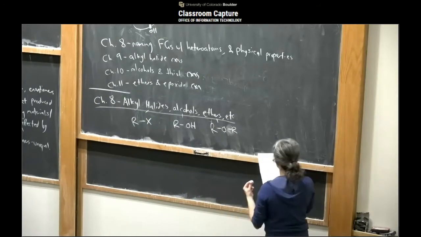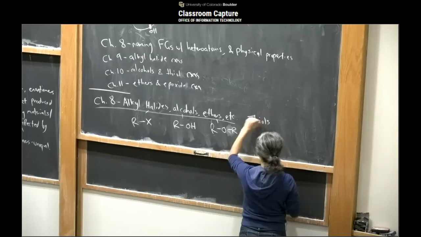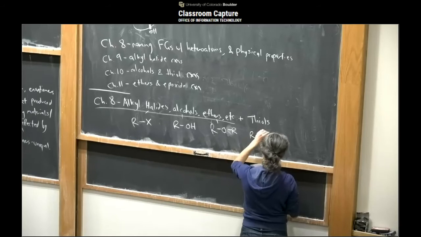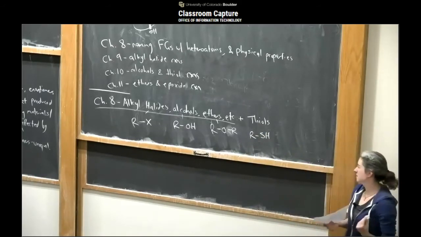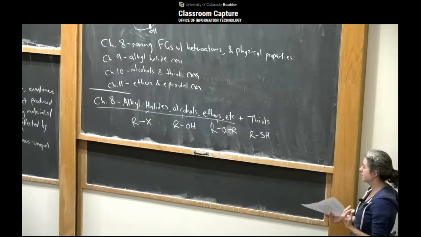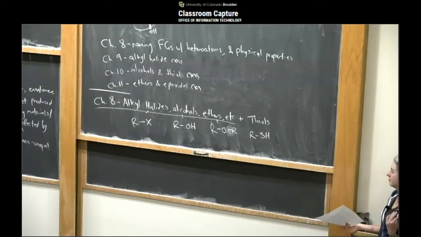So we are also going to look a little bit at thiols, which are pretty much the same as alcohols, just with a sulfur, which is right below oxygen in the periodic table. They do pretty similar chemistry to alcohol, but if you remember, the atom effect means that they're more acidic.